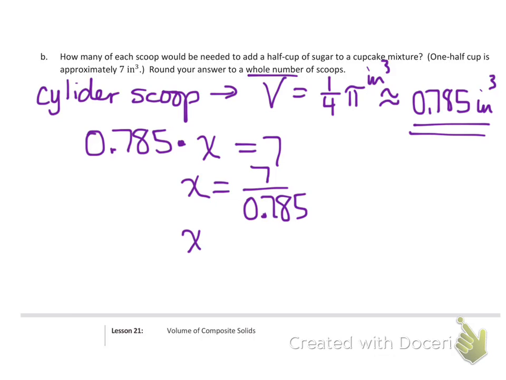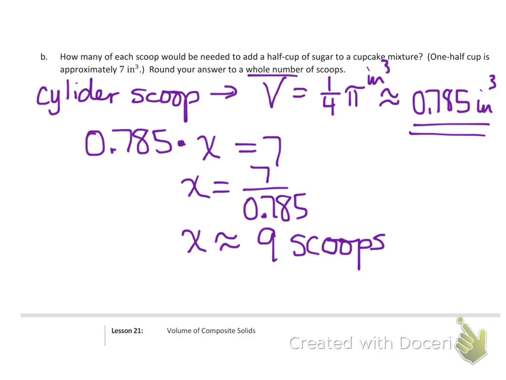So the number of scoops for the cylinder is approximately 9 scoops. Which makes sense, right? If I had 10 scoops of this, I would multiply by 10 and get 7.85. That would be almost 8 cubic inches. So I can see that 10 would be too big. And so 9 is the nearest whole number of scoops.